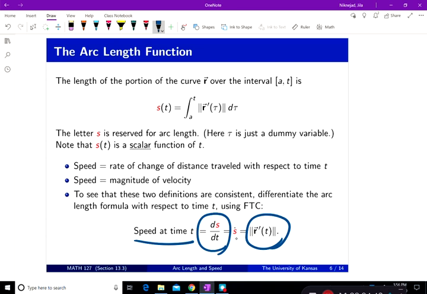And then we have another notation, s with a dot on top. That's a notation used in vector calculus, and a lot of times in your physics you will see that instead of ds dt. S with a dot on top means the derivative of s with respect to time.